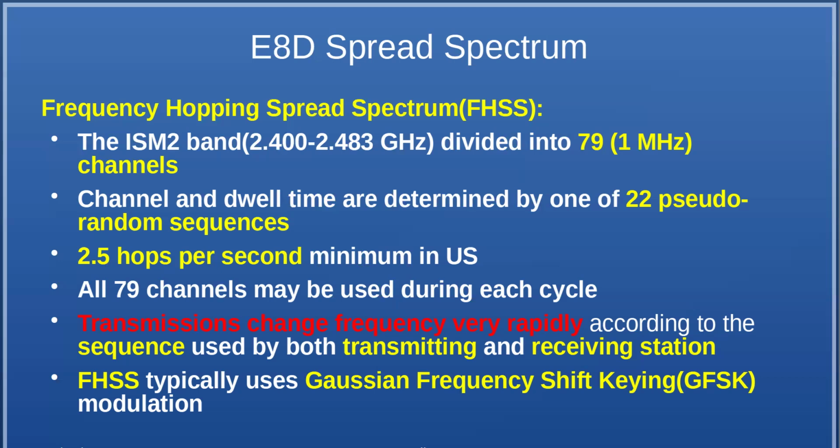Makes it hard. So unless you have the sequence, you're really not going to be able to decode it. And it also, I don't believe there's a question, but uses what's called Gaussian frequency shift keying, just to throw in another big name.